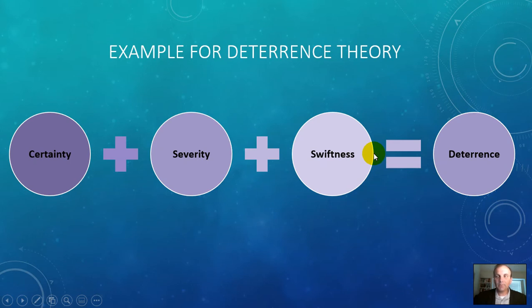This is all theoretical, right? So this is the theory of deterrence, and it's what the criminal justice system in this country essentially is based on, right? The severity of the crime. The Eighth Amendment, no cruel and unusual punishment, right? People are guaranteed a speedy trial, right? And all those types of things.